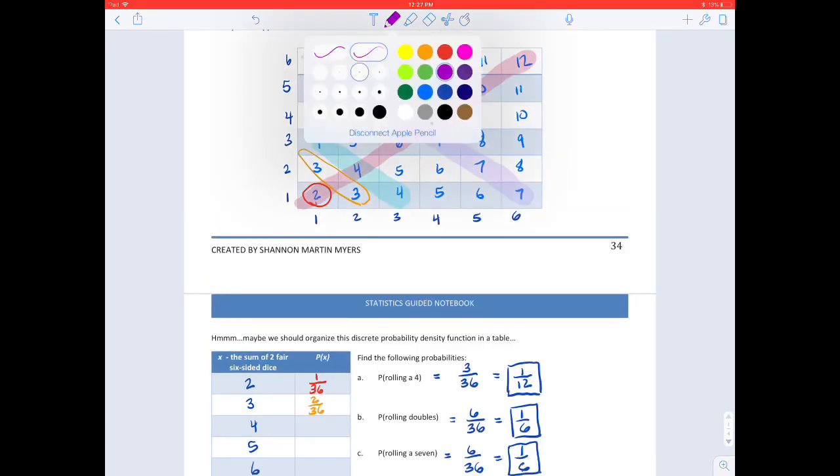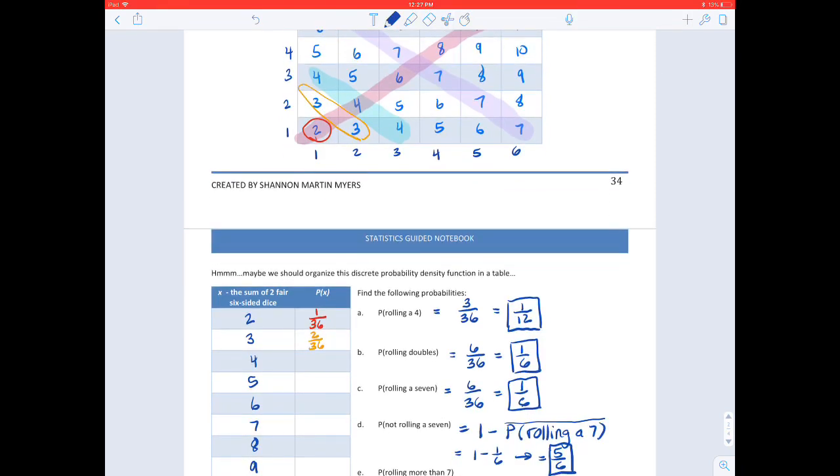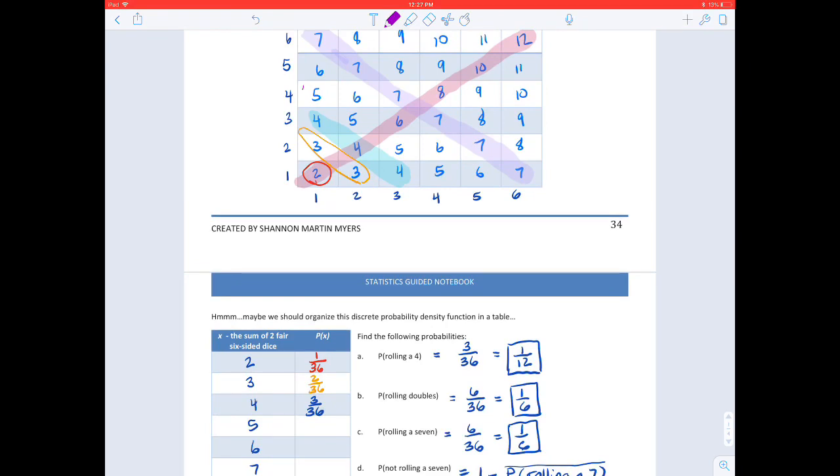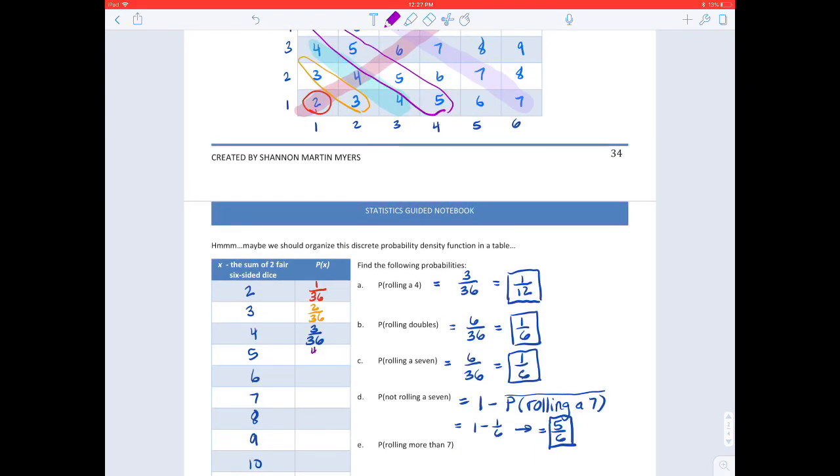We already found the probability of rolling a 4 in part A, and remember, that was 3 out of 36. What about the probability of rolling a 5? Good. That's over here, and that's 4 ways out of 36.